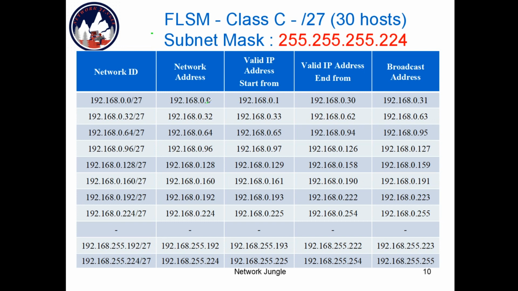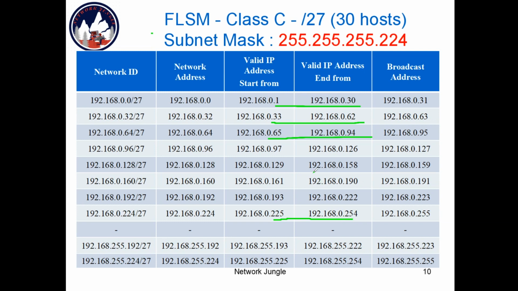Then the valid IP addresses are between the ranges: 1 to 30, 33 to 62, 65 to 94, 97 to 126, and so on up to 225 to 254.